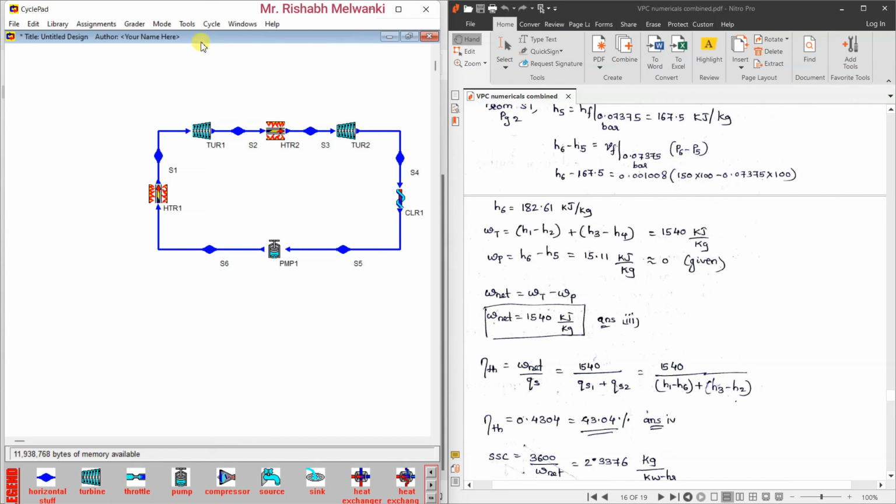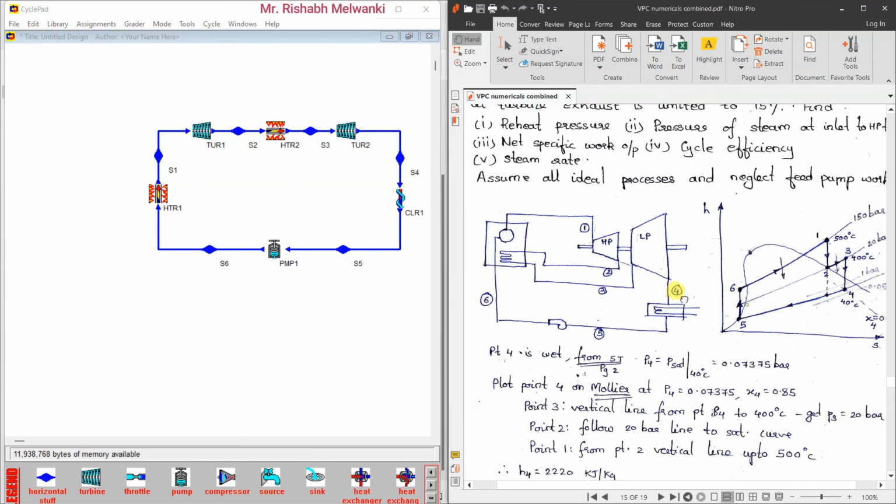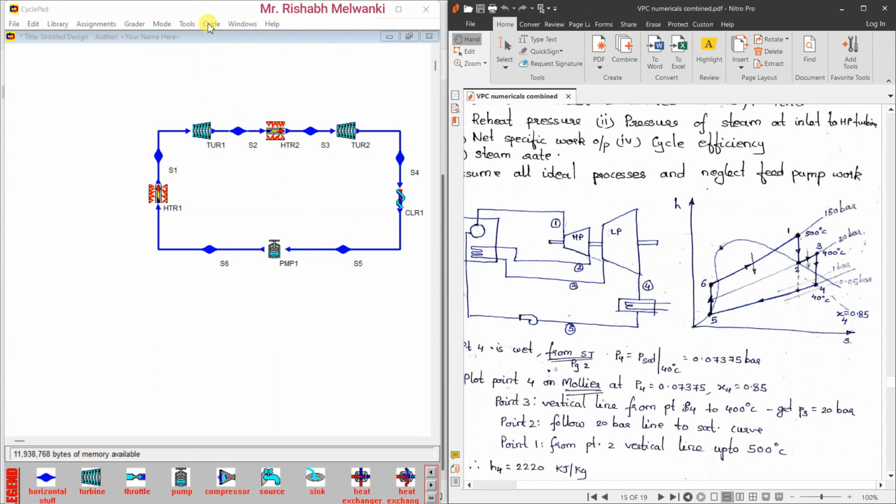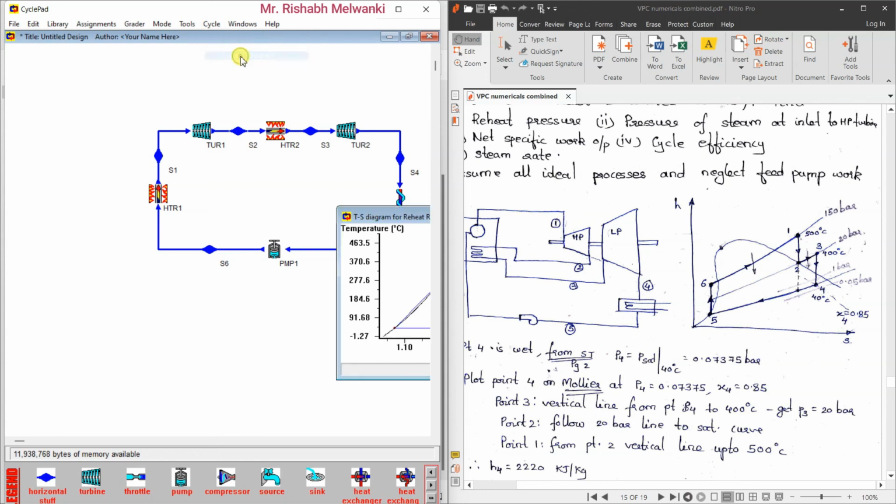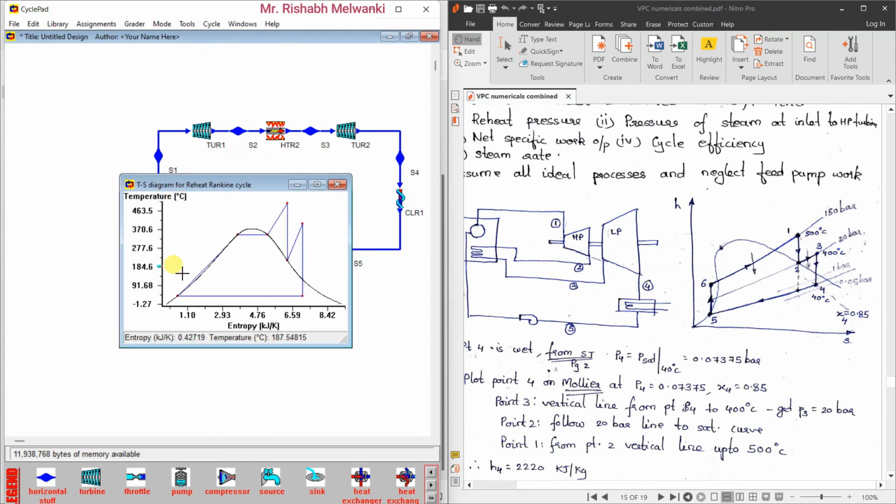Now we can also see the TH diagram for the cycle. Here I have shown the HS diagram. So if I go to cycle TH diagram, left click on this, so we'll get the reheat Rankine cycle TH diagram.